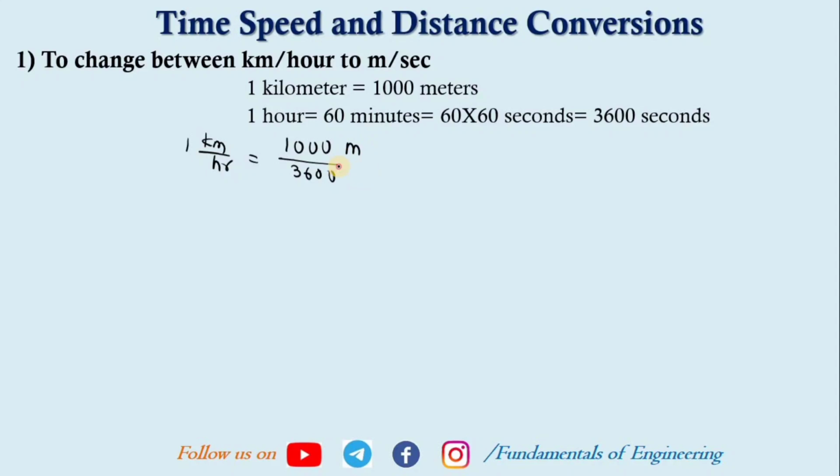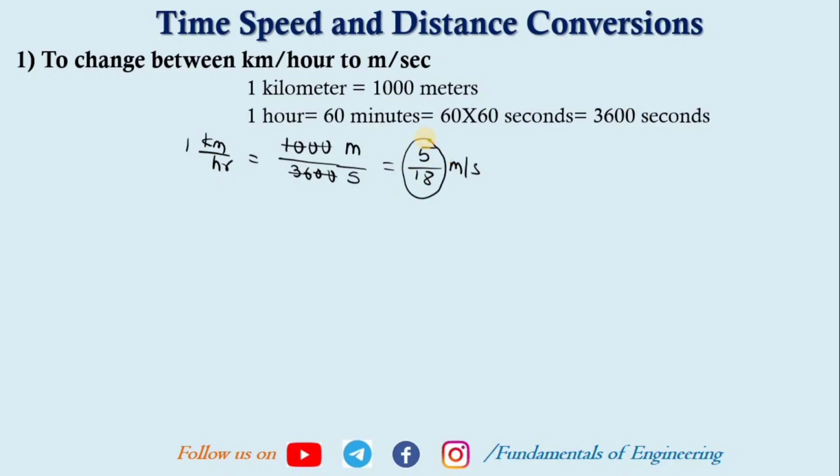So 1000 meters divided by 3600 seconds. If you simplify this, we get the ratio of 5 by 18 meter per second. So 1 kilometer per hour is 5 by 18 meter per second.